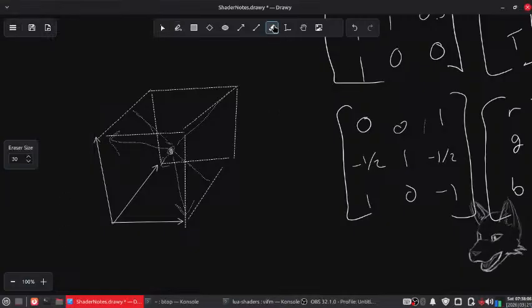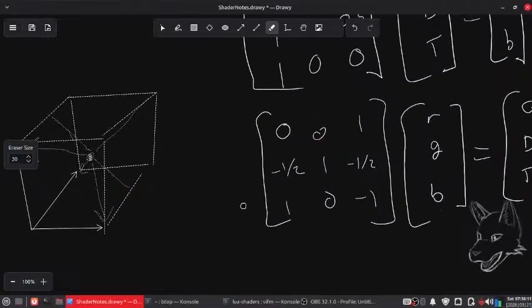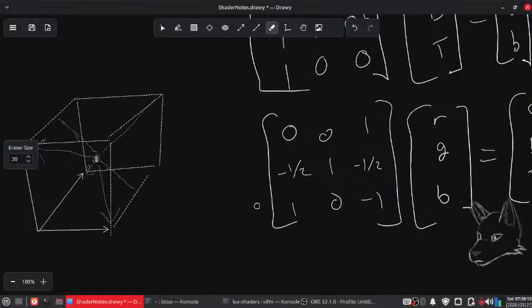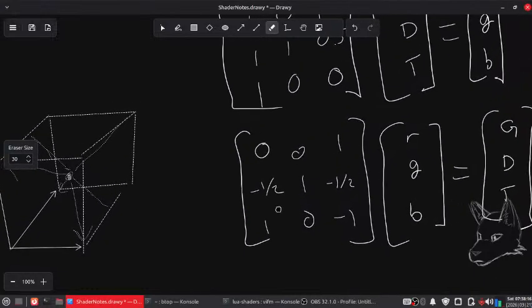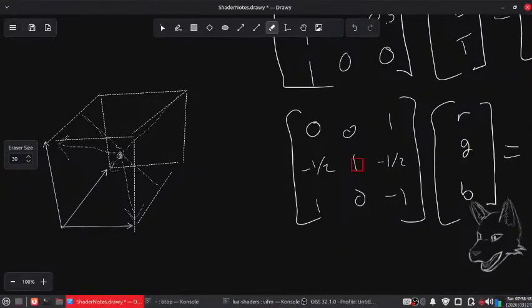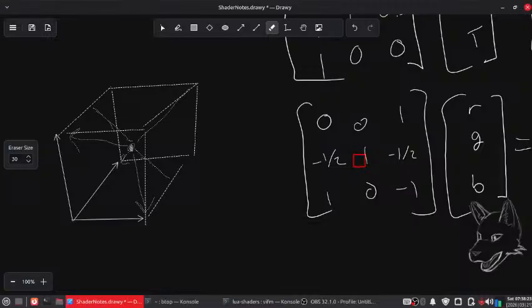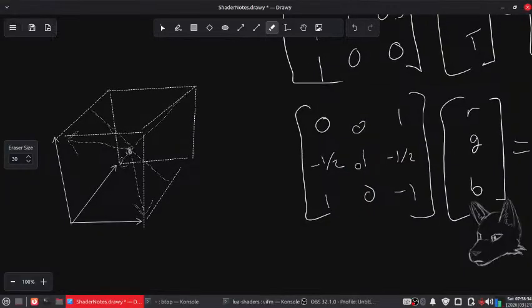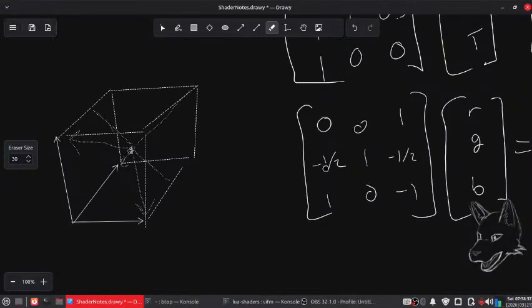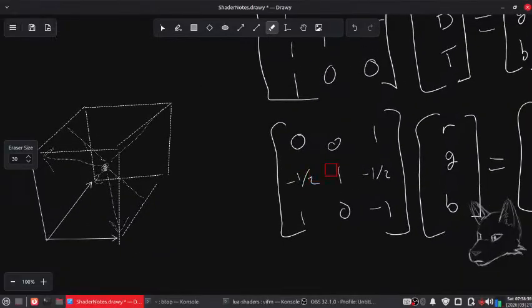I'm just going to assume that it's correct, because it doesn't feel right. Technically speaking, the gradient should be like a red should also be the same.